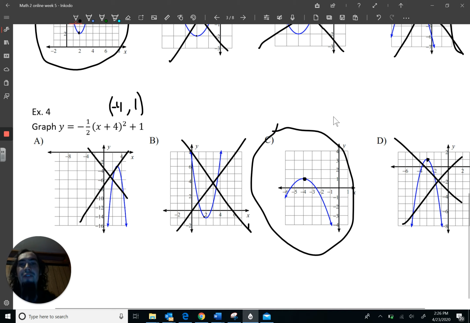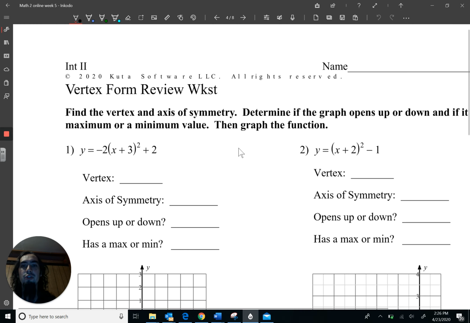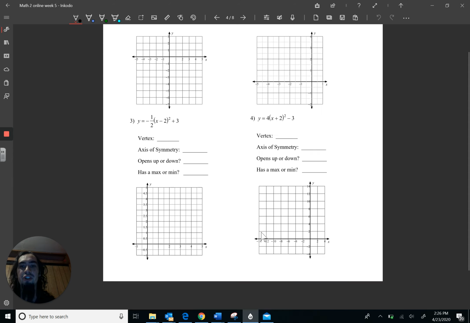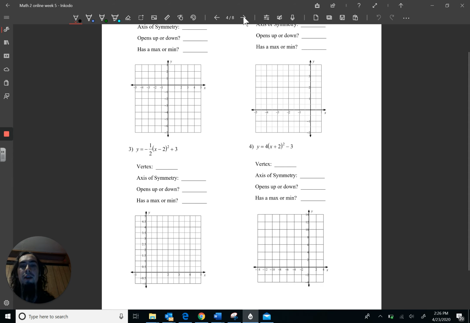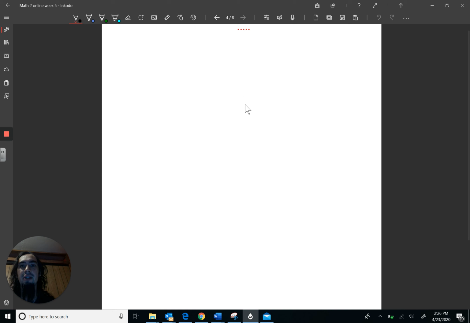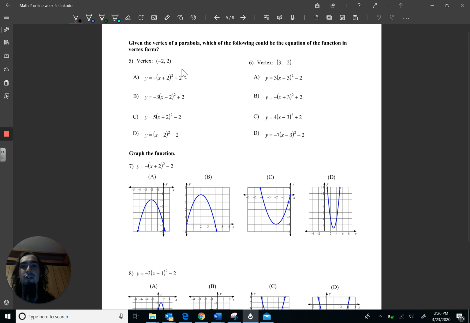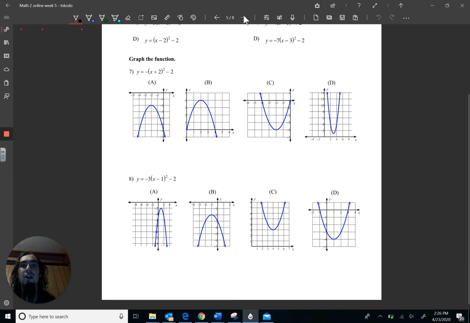That's it. If that made sense, then you can totally be successful on the quiz and on the homework for this week. This is what the homework assignment looks like. These questions are just like the one I went over a minute ago. The next page is very similar, where you're going to basically identify the equation that has the right vertex, pick the graph, and that kind of stuff.